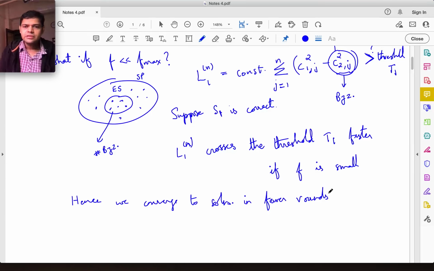That's what we wanted to do. We wanted to design for the worst case, but in case the number of Byzantine nodes is much smaller, then we converge faster. For example, you design for, let's say, converging in 5 rounds, but if f is close to 0, much smaller than Fmax, then you might converge in 1 round or 2 rounds. And hence we make the claim in the paper that MIRACLE is adaptive.